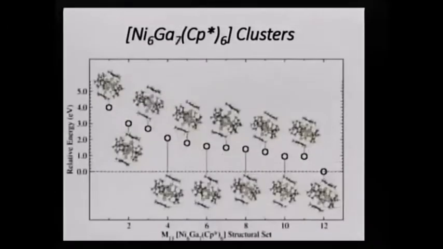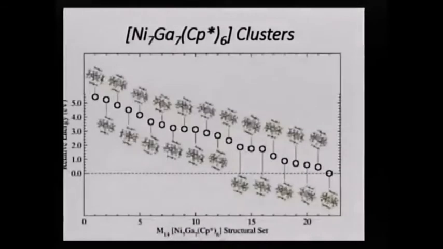One interesting thing here, if you can show the previous slide, M14, this system here, we can observe a gallium atom on the outermost sides forming a binding with the ligand.